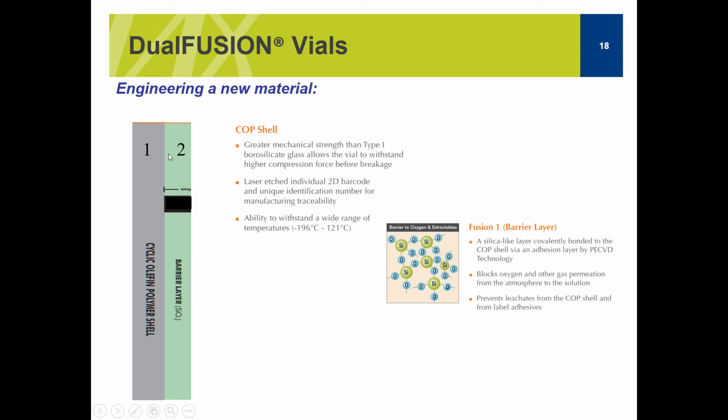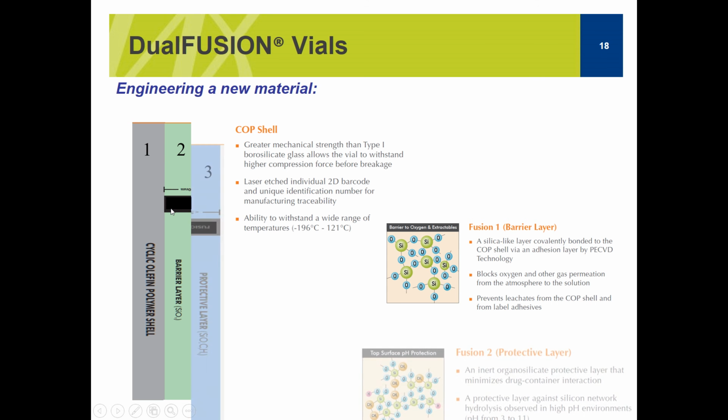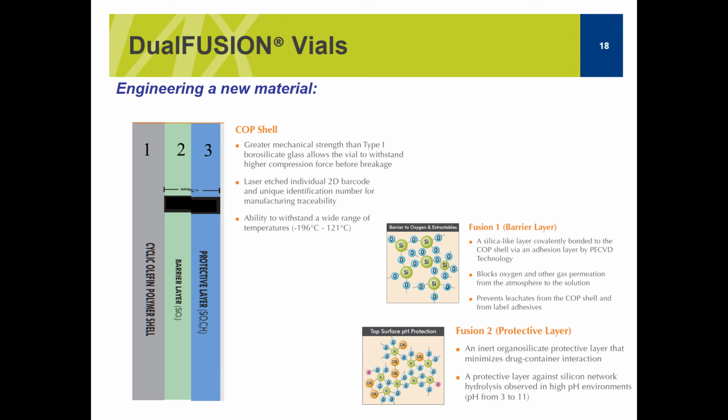This layer is going to stop oxygen from going into the vial, and then we're going to fuse another layer. It's called the protective layer, and this layer is going to be organosilicate, which basically instead of SiO2 is SiOC. So we're adding a carbon and a hydrogen.